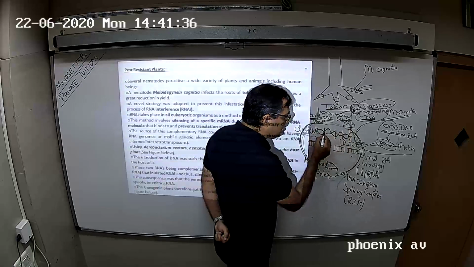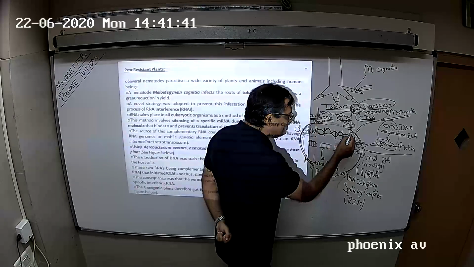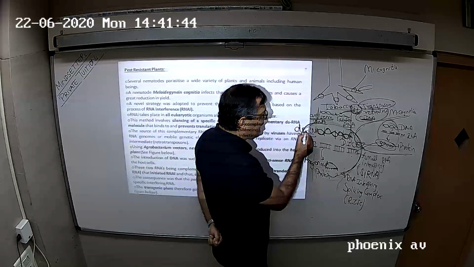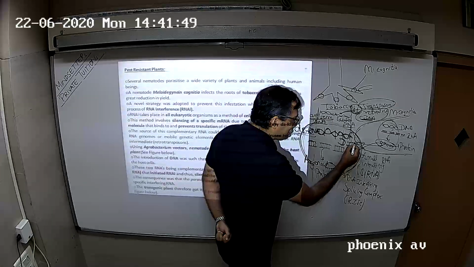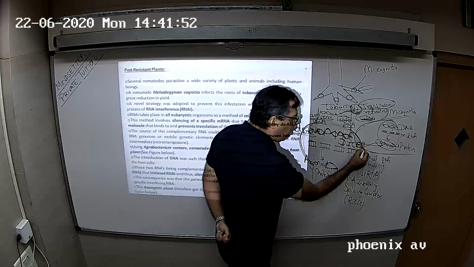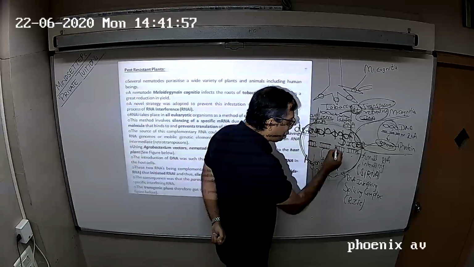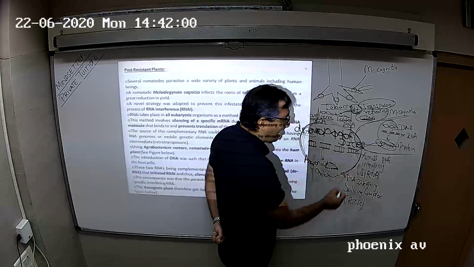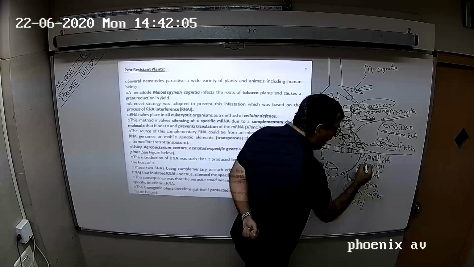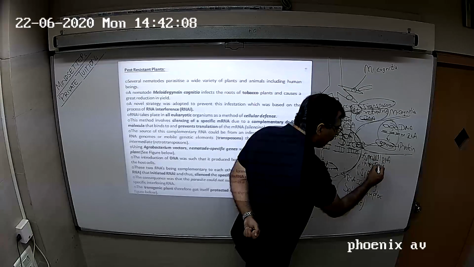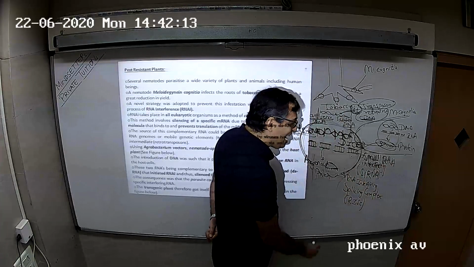Sense DNA produces sense mRNA, antisense DNA produces antisense mRNA, and the double-stranded mRNA is produced. An enzyme called dicer will now break down the mRNA into small RNAs, which are double-stranded fragments called small interfering RNAs, now called siRNA.